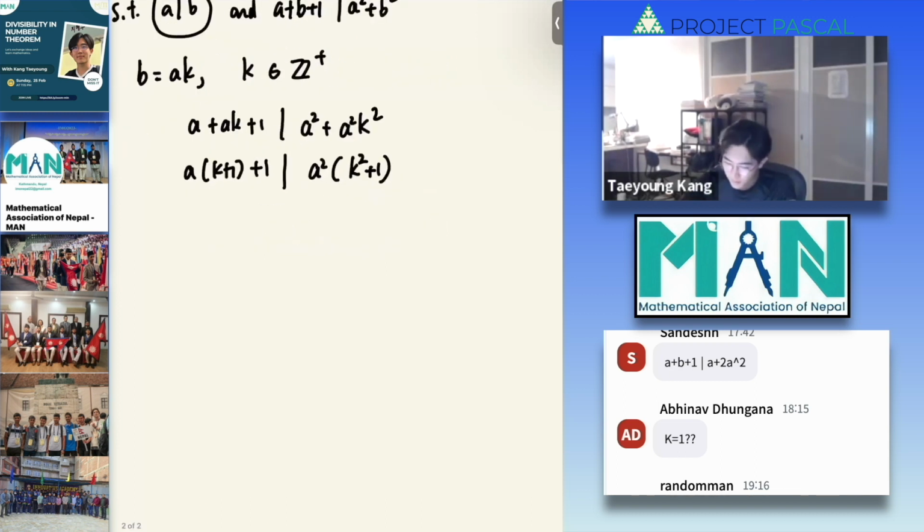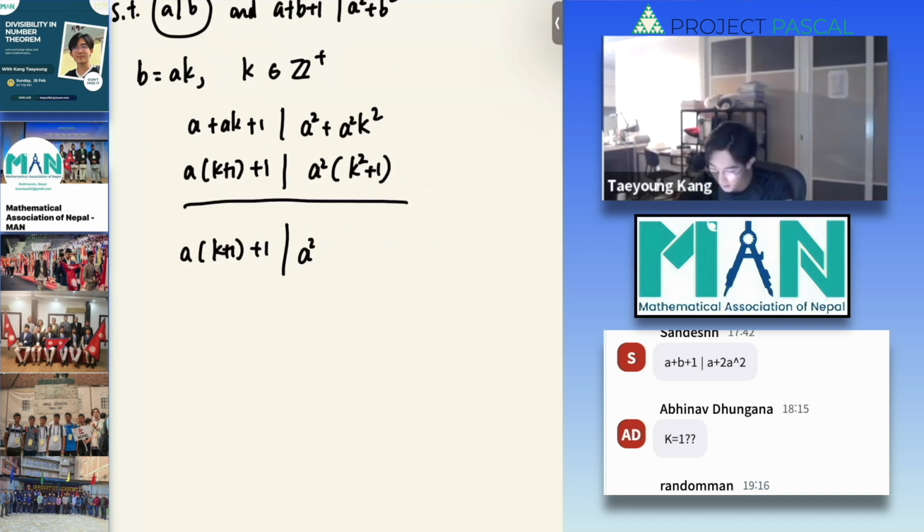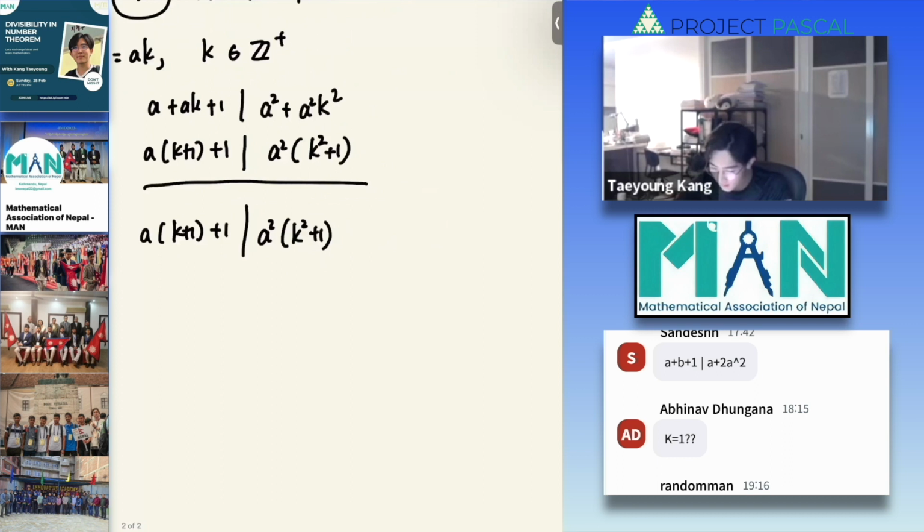If this condition is true, it means that A K plus 1 divides A square times K square plus 1 minus K minus 1 times the whole of the left hand side.